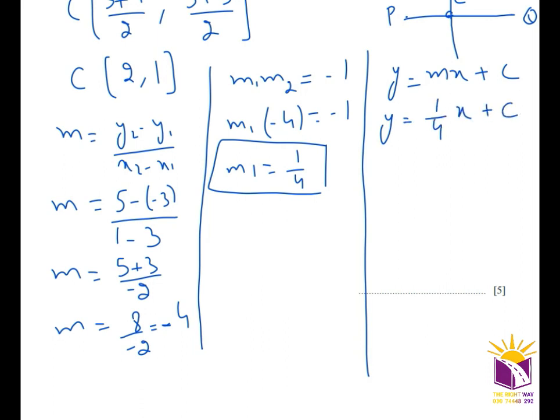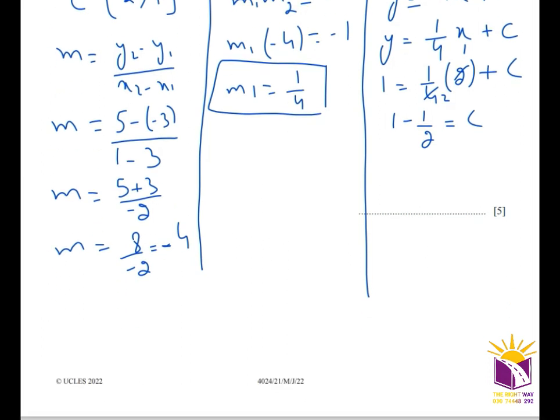To find c, we are going to put in the center point, where y is equal to 1 and x is 2. So 1 is equal to 1 by 4 times 2 plus c. 1 times 2 is 2, 2 times 4 is 8, so 1 minus 1 by 2 is equal to c. By LCM, it will become 2 minus 1 by 2, which is 1 by 2. So c is equal to 1 by 2.